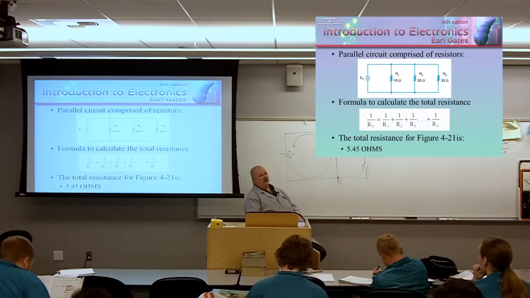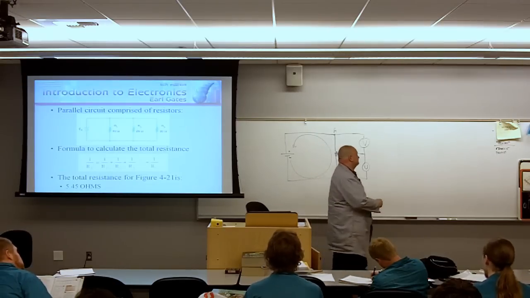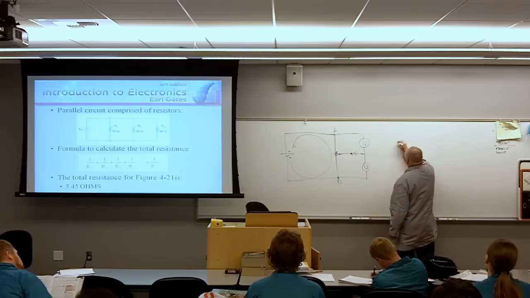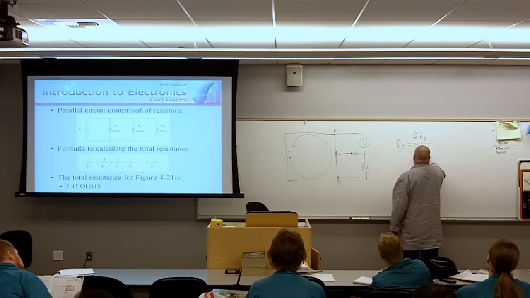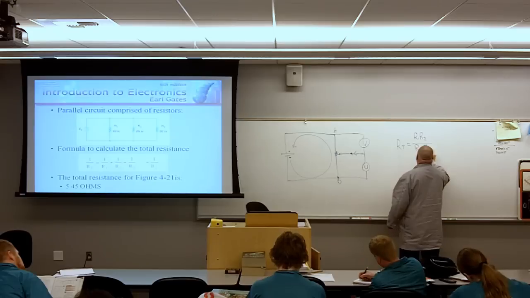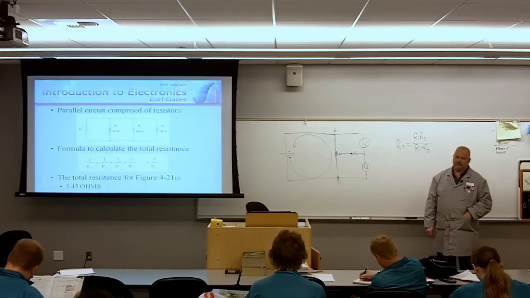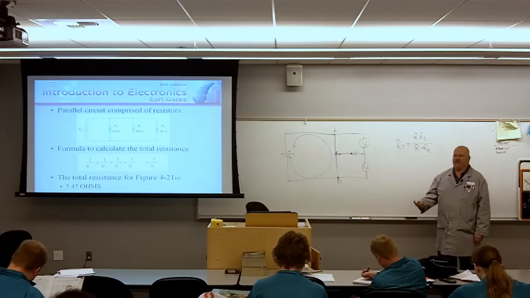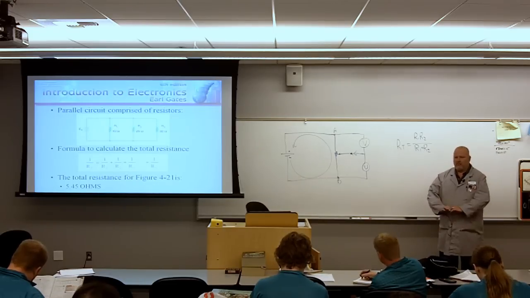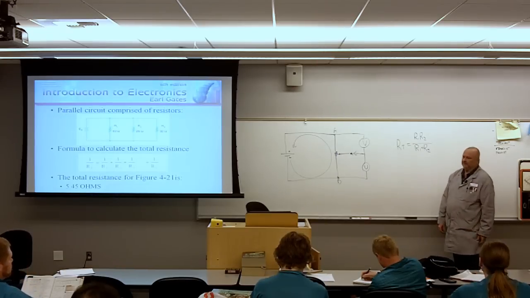There is another formula I want to show you. It's not in the book, but I want you to know it, learn it. This is called the product over sum formula. This only works if we have two resistors in parallel with each other, period.